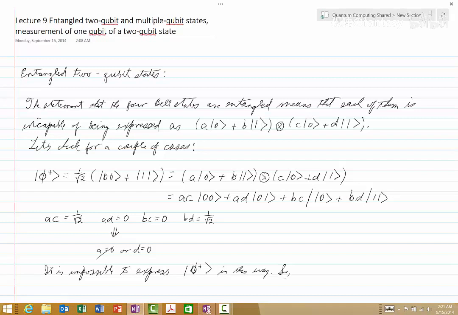So phi plus is said to be entangled. And in later sections, we will understand why entanglement is important.